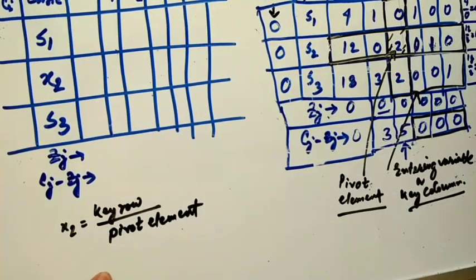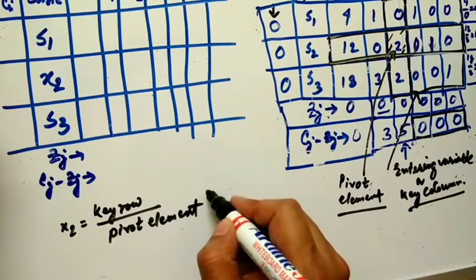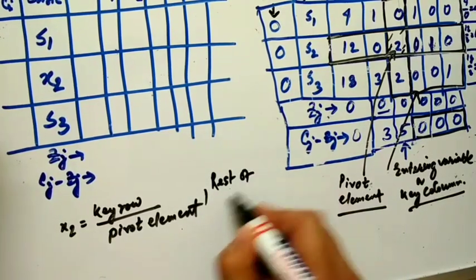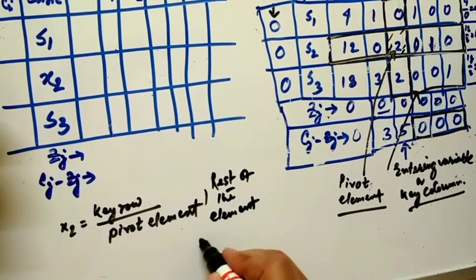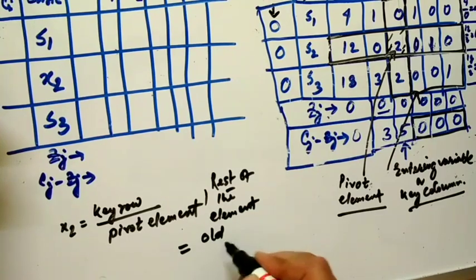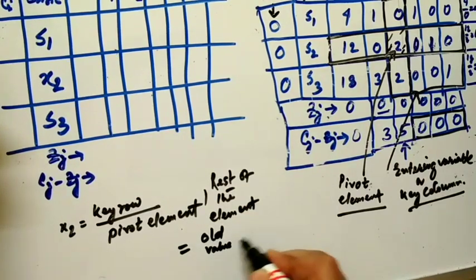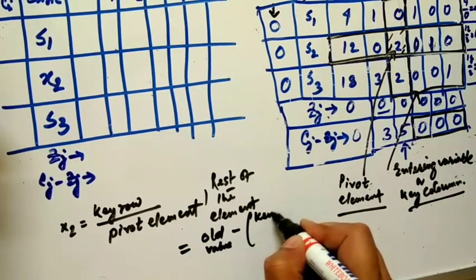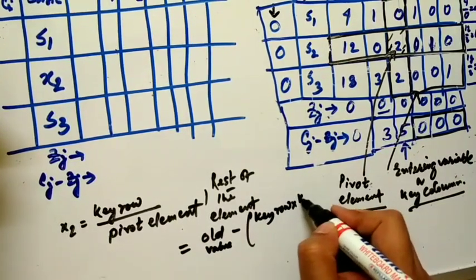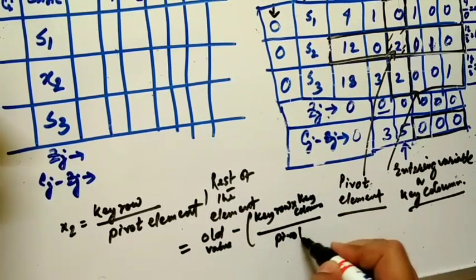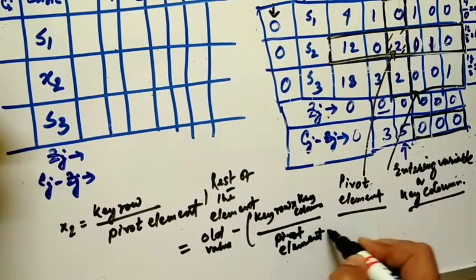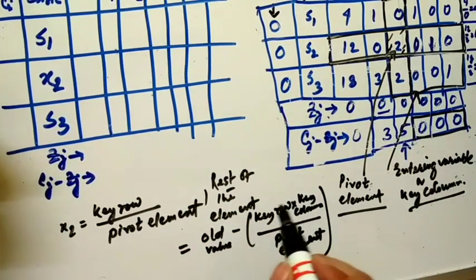For the rest of the elements, it will be old value minus key row into key column by pivot element. This key row and key column should be the values of the corresponding key row and corresponding key column.